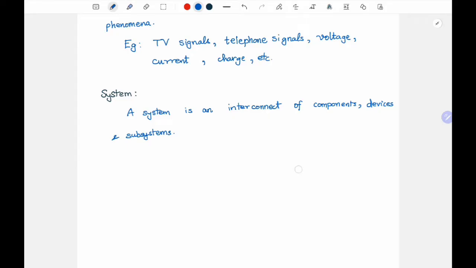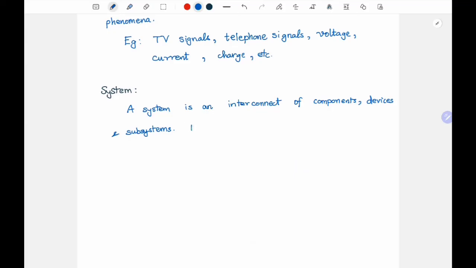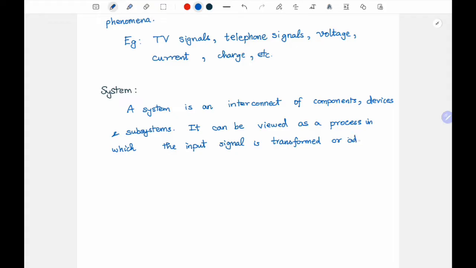And usually it can be viewed as a process in which the input signal is transformed or additional information is extracted, right?